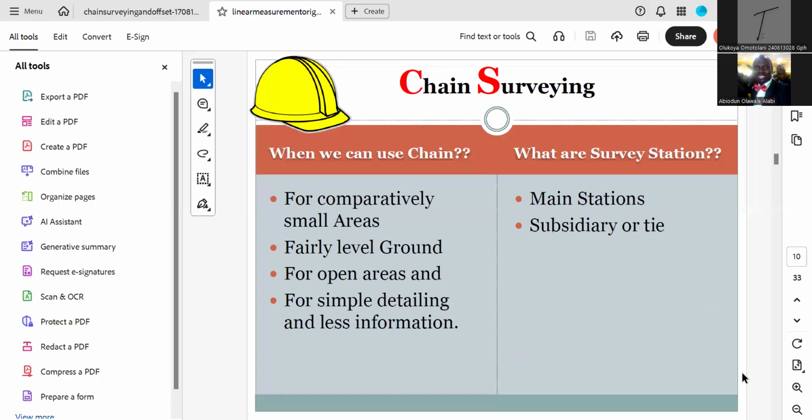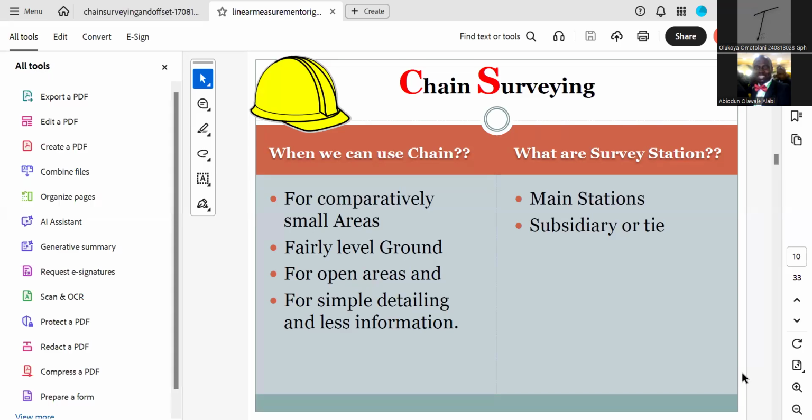So when can we use chain survey? One of the fields where we can use chain survey is an area that is small. So when the areas to be surveyed are comparatively small, chain surveying can be deployed.